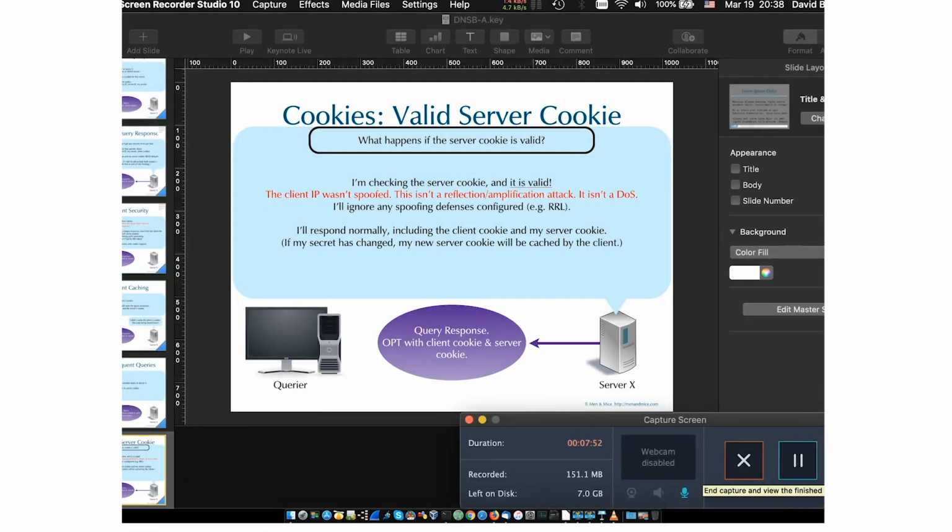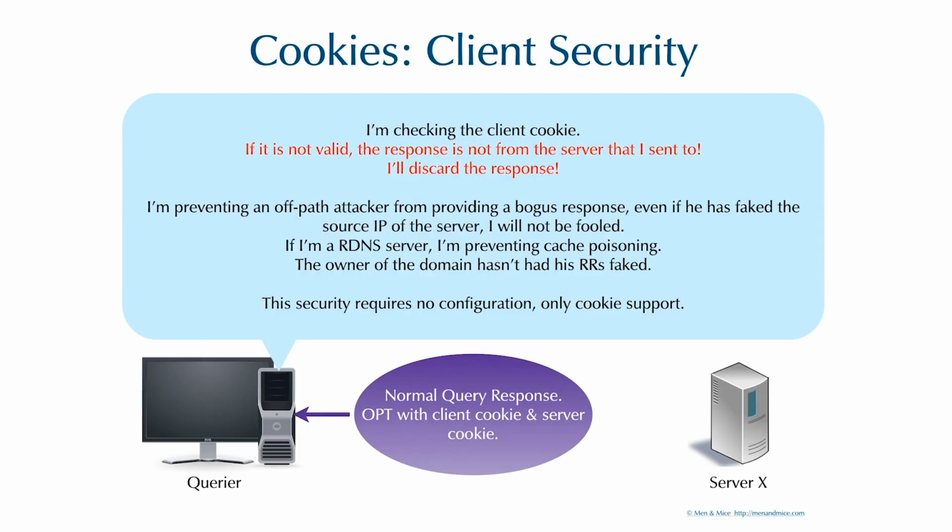Now we can also see why this doesn't protect against on-path attacks. An on-path attacker would have seen the query, would have seen the client cookie, and would have been able to fake the client cookie sending back. That's why the security is only for off-path attacks. And this just worked. We've ignored the server cookie, we've configured nothing, and this just magically worked.